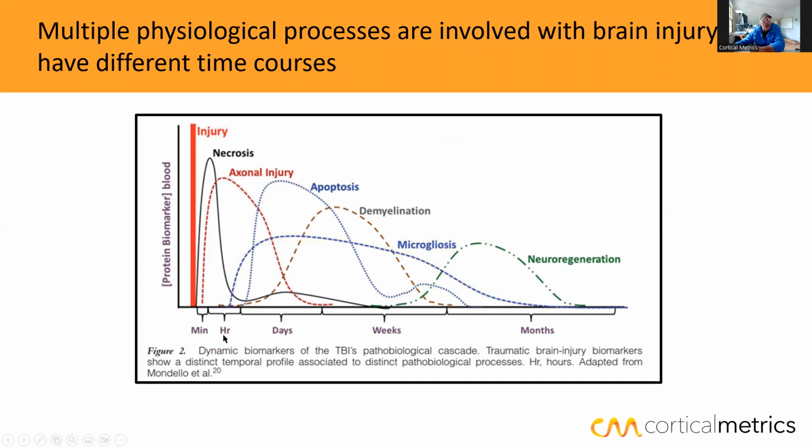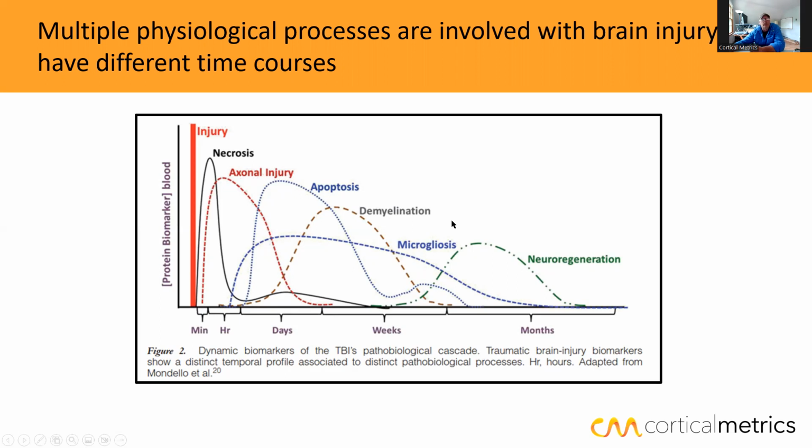This is minutes, hours, days, weeks, months. Do you really want to look at baseline data for something that's even weeks away from happening after the injury? Probably not. You probably want to look at stuff like this that happens immediately, because these cause big deviations.